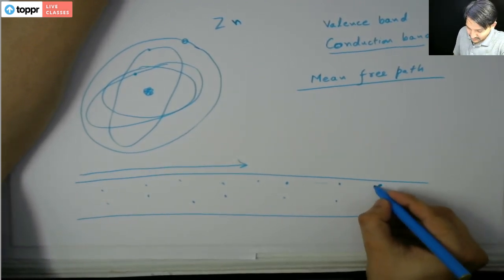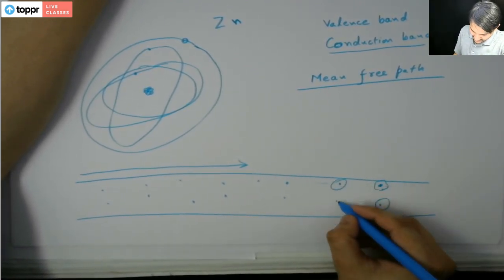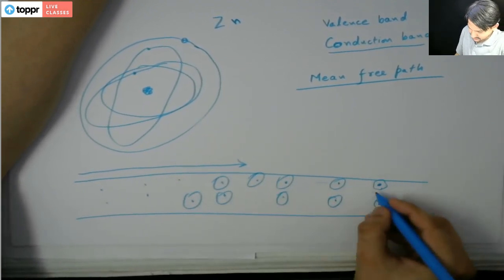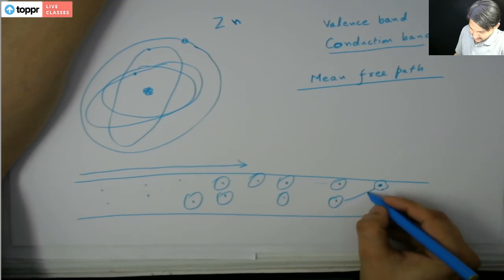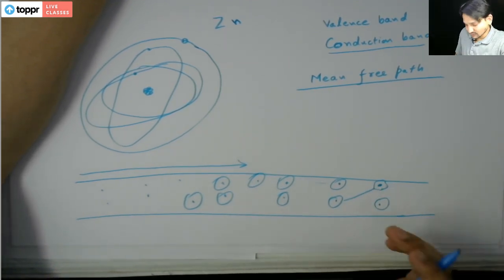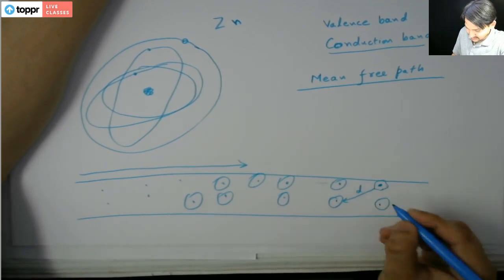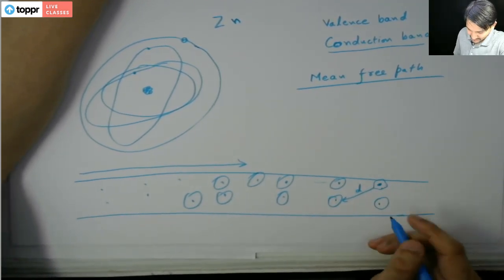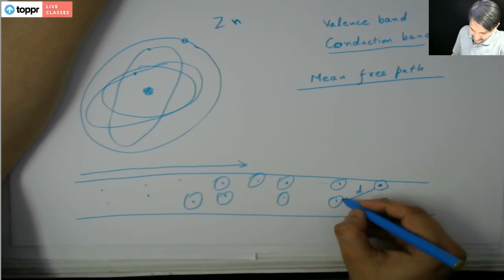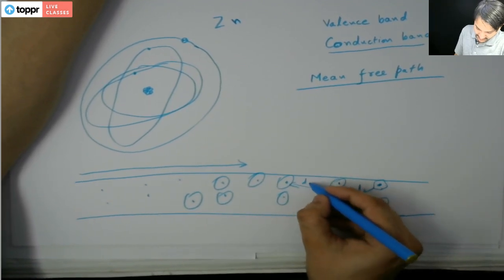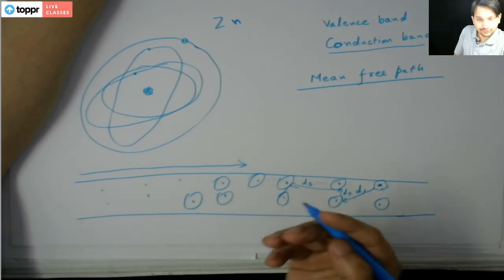So what is happening here? One electron moving from here moved here, and before it collides with some other atom, it has moved a path d, distance d, and after collision it moved there, another d, d1, d2, then d3, then d4, and so on.